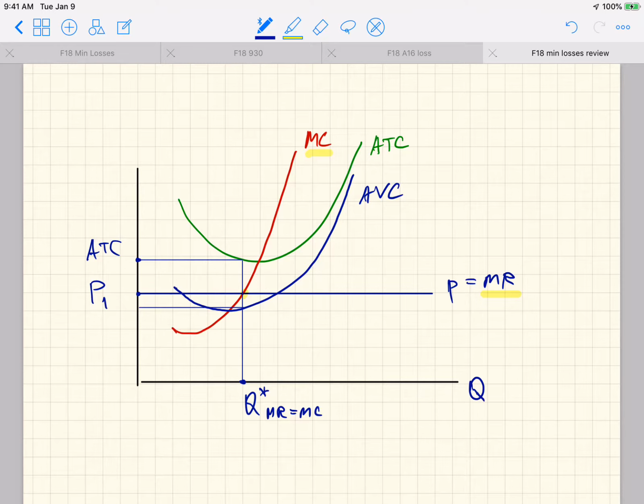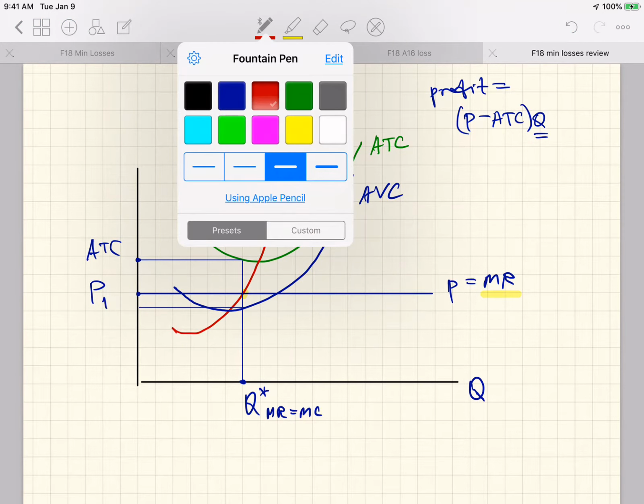So remember, P minus ATC times Q is our profit, as long as Q is not 0, right? So that's the formula which is useful to apply here. And basically our losses, not sure which color to pick, maybe this.